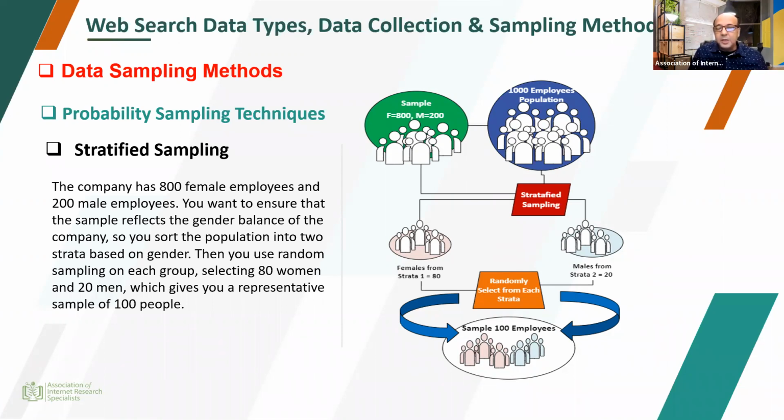You're maintaining the sample ratio. So you have created two strata. Now, from these two strata, you can randomize by mixing these two selections and coming up with 100 employees. So basically, it is just combining two strata to take out a sample of 100 employees. That's stratified sampling.